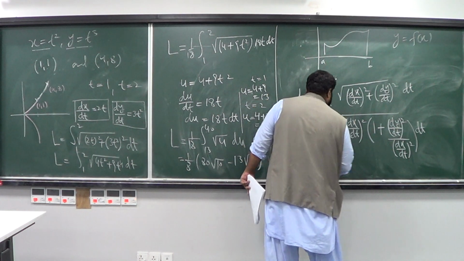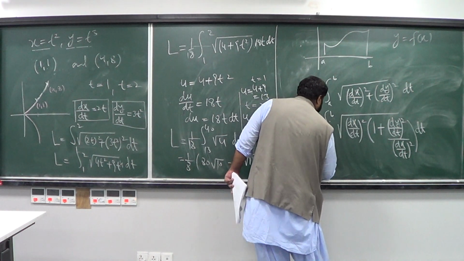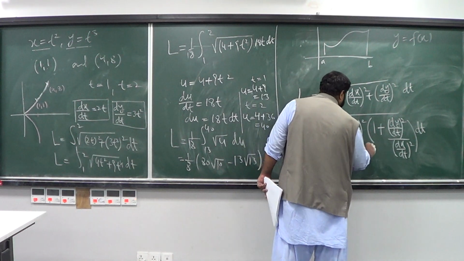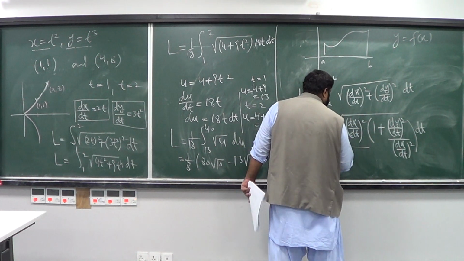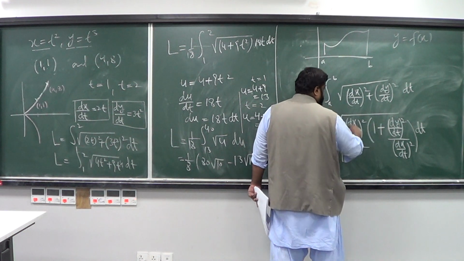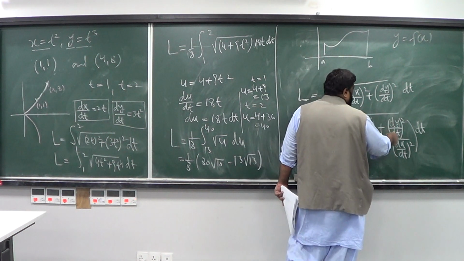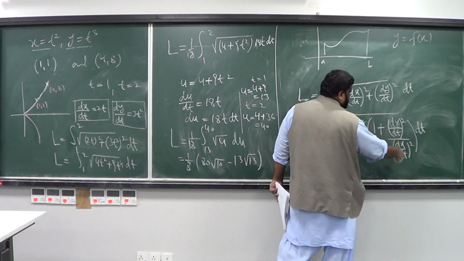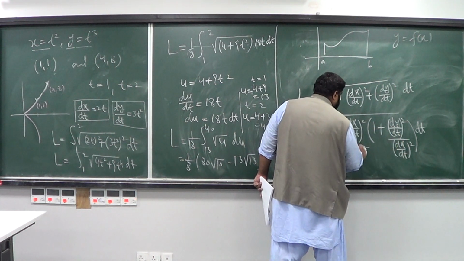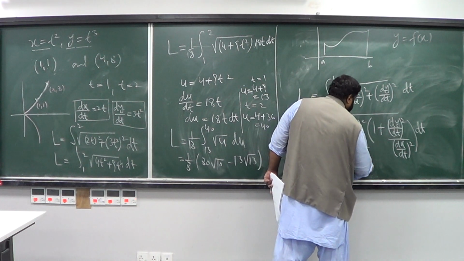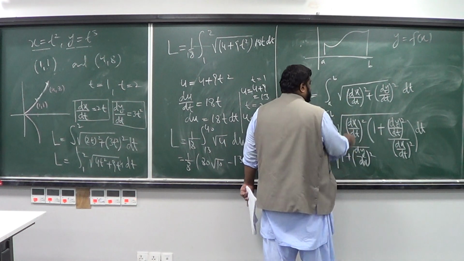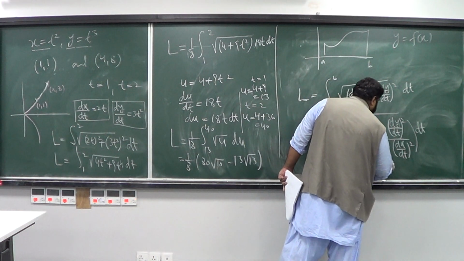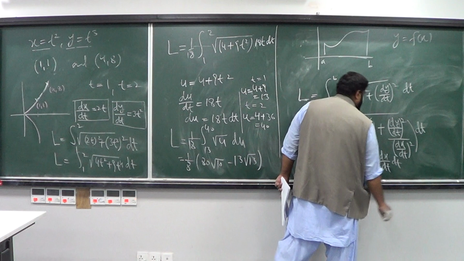If you simplify this a little bit more, this thing in the square root is going to be dy by dt square over dx by dt square. So this dt square will cancel, and you're going to get dy by dx square. This dx by dt is going to go out, so it's going to have dx by dt times dt.